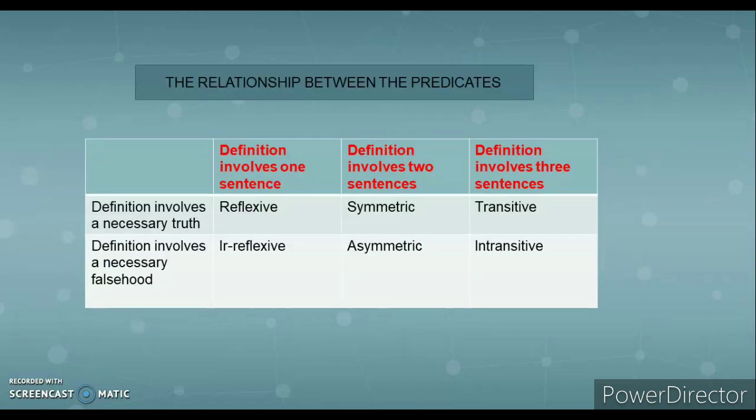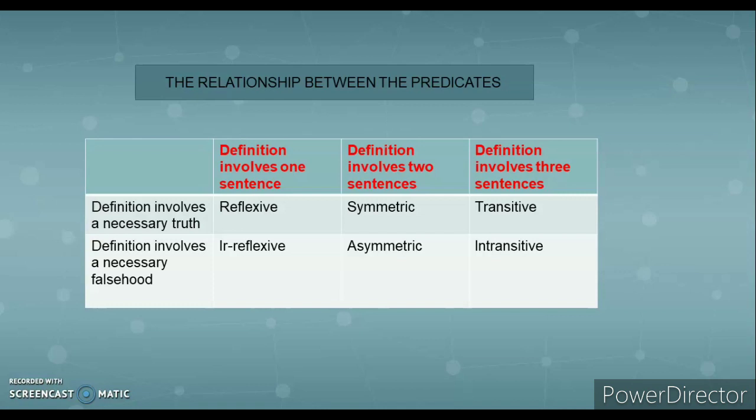And here is the table about the relationship between the predicates. There are 3 columns to distinguish between definitions involving 1 sentence, 2 sentences, and 3 sentences.